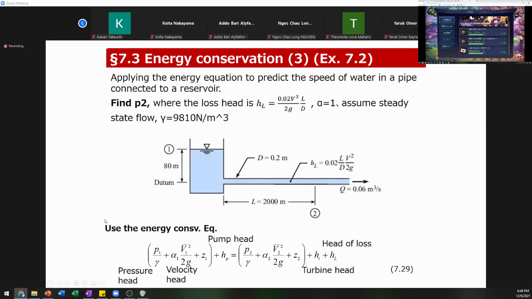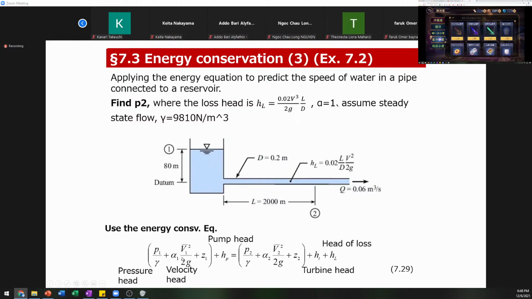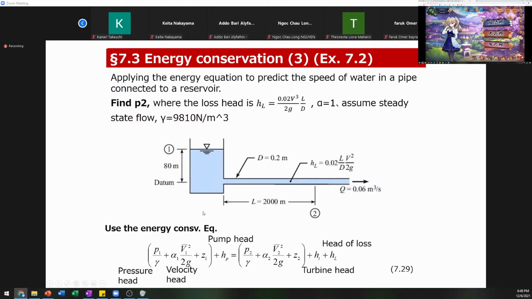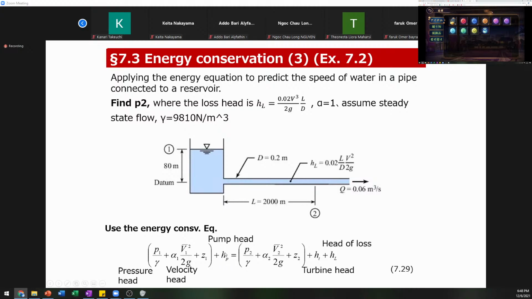Okay, so starting from the energy conservation equations, from 1 to 2, you have to think about the pressure, velocity, and potential at point 1, plus pump. There is no pump, and the pressure at 2, and also velocity and the potential.